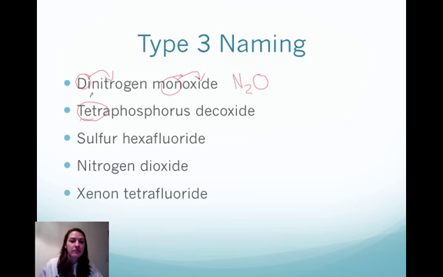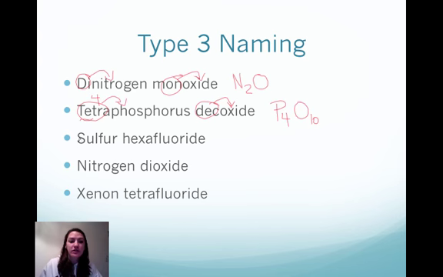Let's try the next one. Tetra means 4, and deca means 10. So I've got tetraphosphorus, it's 4, decaoxide, so oxygen, and there's going to be 10 of those. Next one, sulfur, but there's nothing describing it.